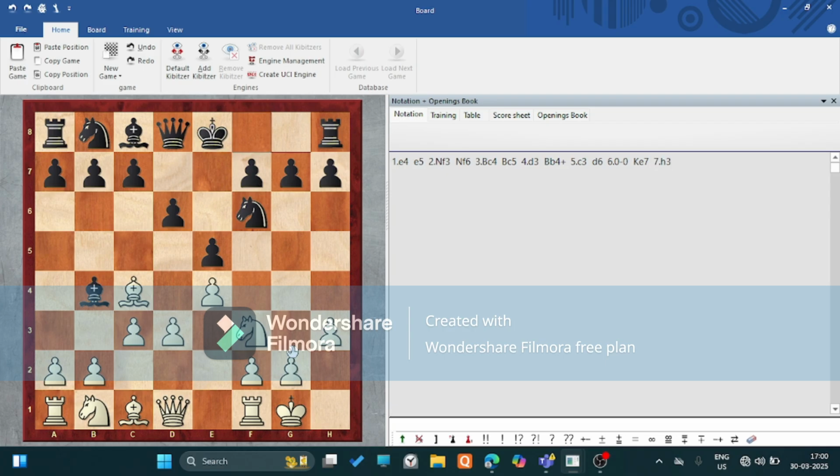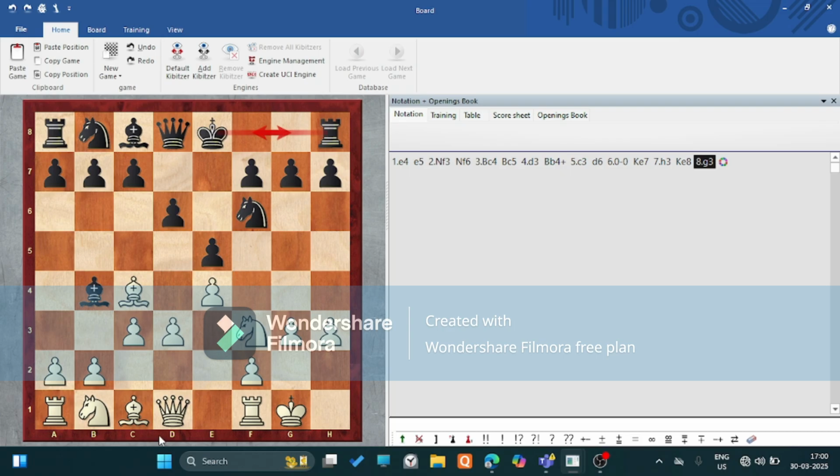And now we move, suppose, over here. Now the black king tries to castle, but he cannot castle, as in he cannot move his king over here and the rook over here. That is termed as castling. So the king cannot move like this.